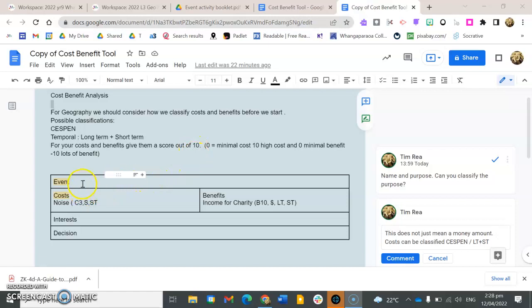All right, so in the event section, we would put the event. Also in the event, as I've highlighted on one side, you give an idea of what the purpose of this event is. So from that background information and from other stuff, it will be classified as a social event.